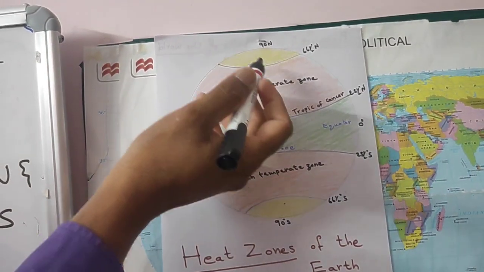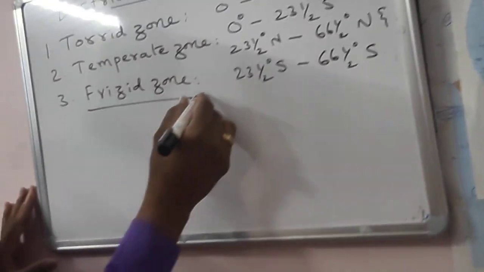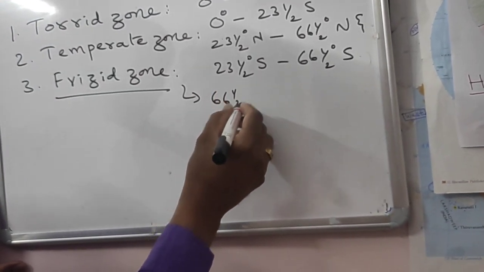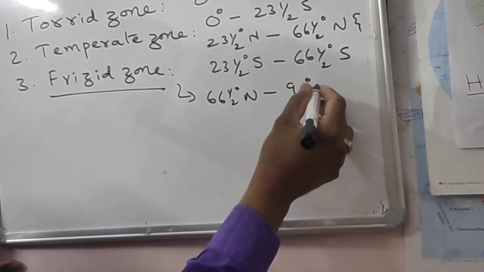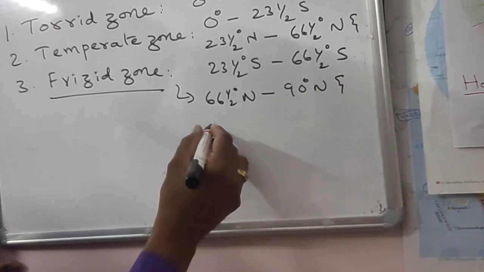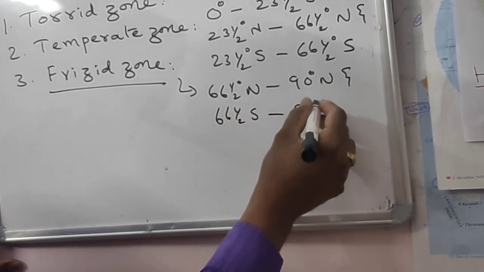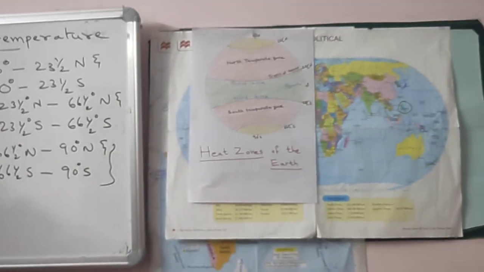This zone is called frigid zone. 66.5 degree north to 90 degrees north and 66.5 degree south to 90 degrees south. This zone is called frigid zone.